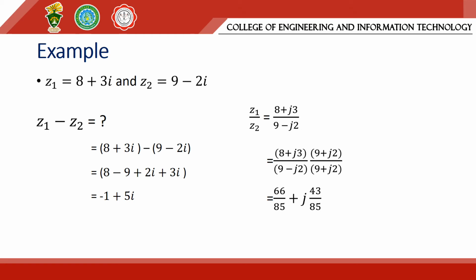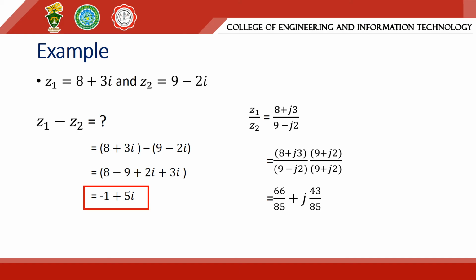So then we have to find z1 minus z2. So first we have to substitute the values for our z1 and z2. We have here 8 plus 3i minus (9 minus 2i). So to simplify it further, we'll just have to combine the like terms. So the answer would be negative 1 plus 5i.